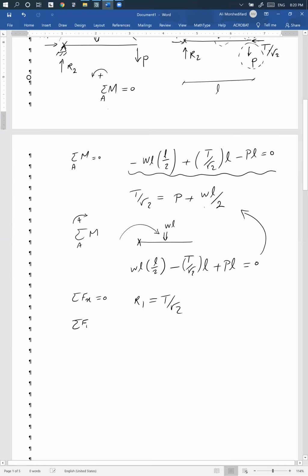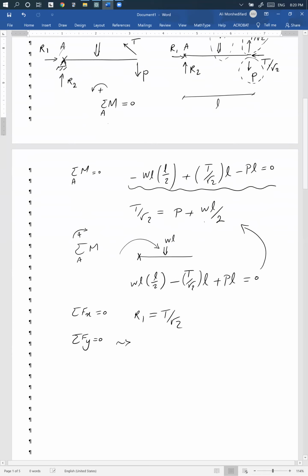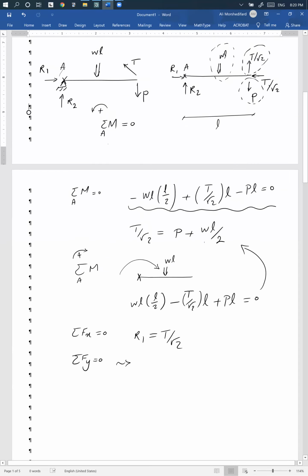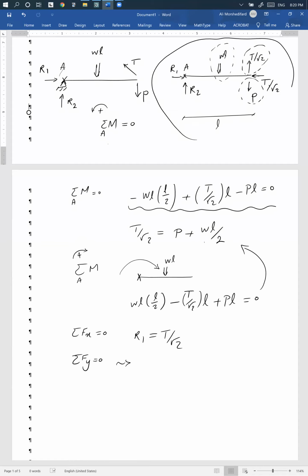Sigma Fy equals 0. You see the figure on the top right? That's what I'm focusing on. Sigma Fy equals 0: R2 minus P minus WL plus T over square root of 2 equals 0.